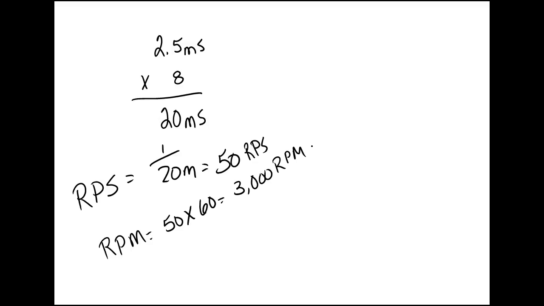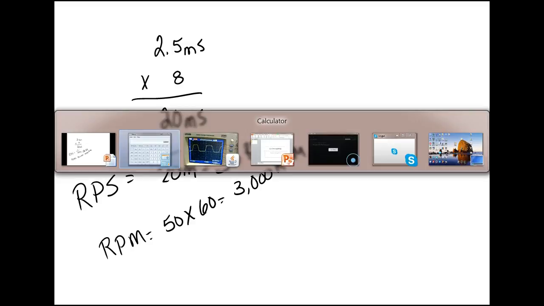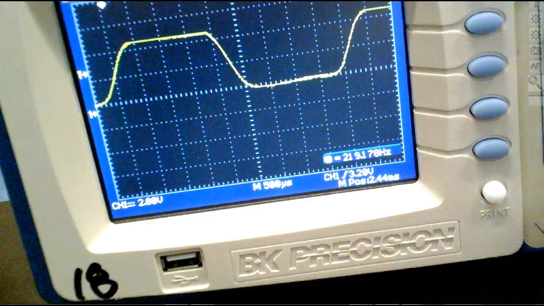Got the motor running. So what I'm going to do is slow it down. And we're still giving us the same reference point, so we're still counting from here.